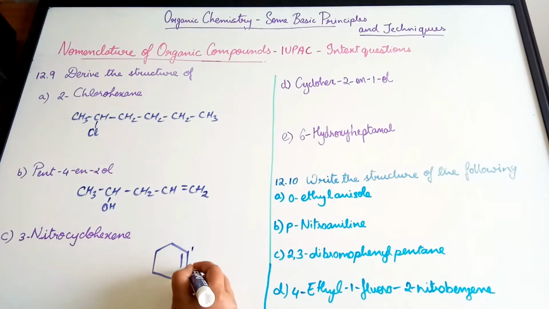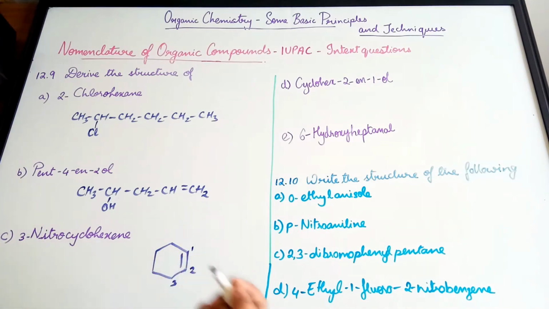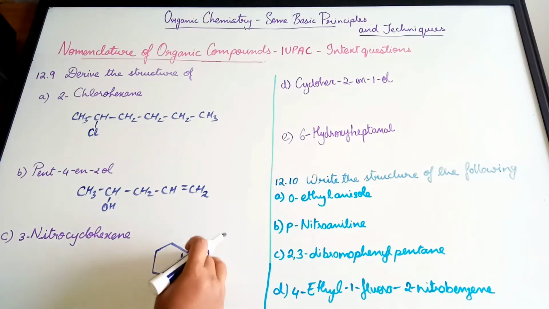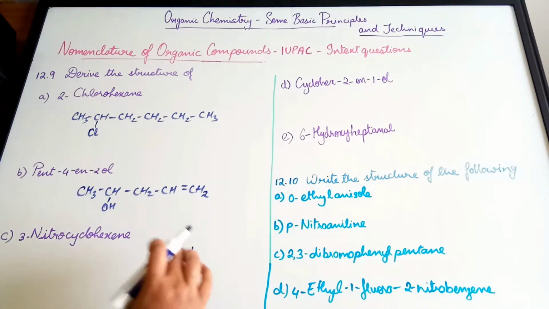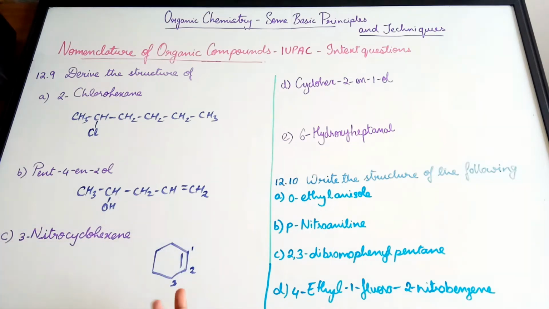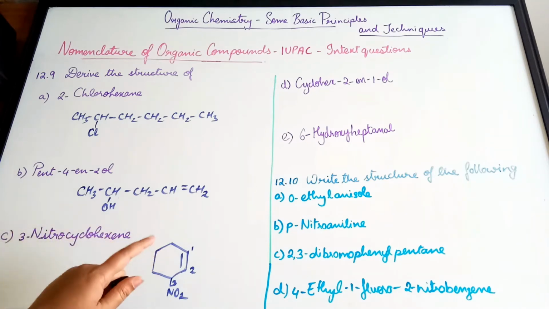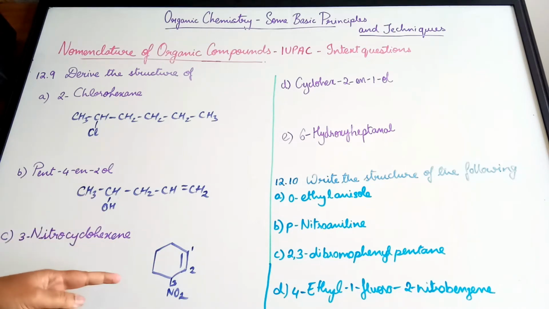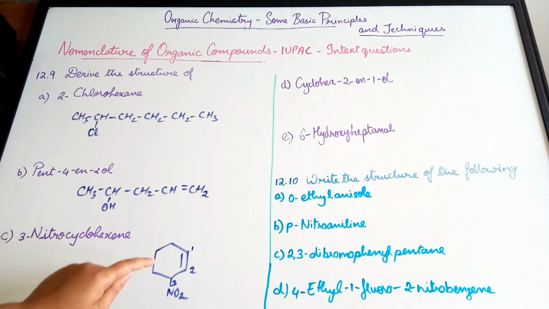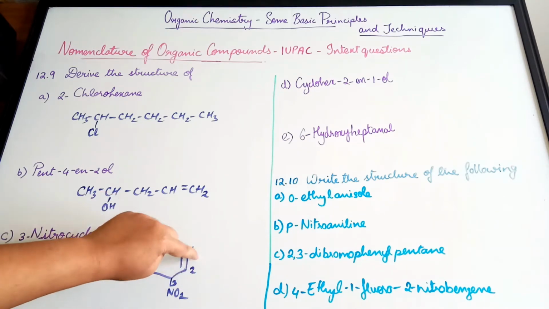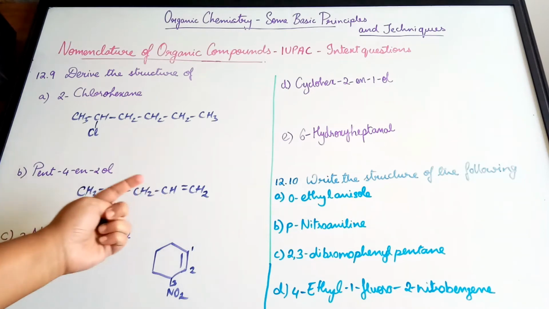So you can write it 1, 2 and 3, and at the third position you can put a nitro group, or even if you write 1, 2 and 3 and nitro group, even then it is right. Here I put 1, 2 and 3, and so NO2. This is 3-nitrocyclohexene. According to the rule that we've learned, the double bond has to be between the lowest pair of locants, that is 1 and 2. And at the third position you have a nitro group. Now this can also mean 1, 2 and 3, and this would have been the NO2 group there.